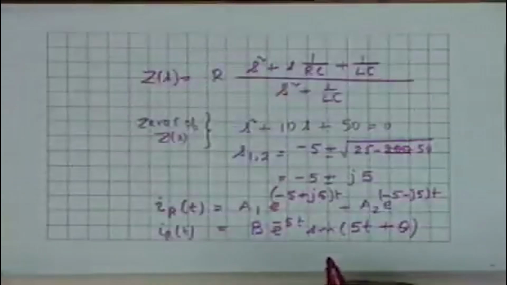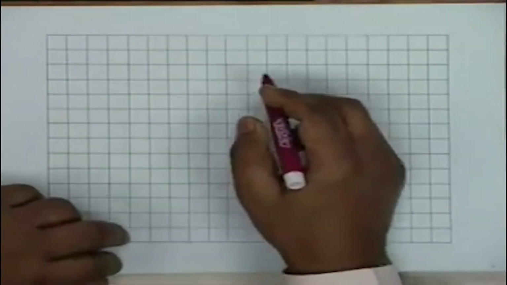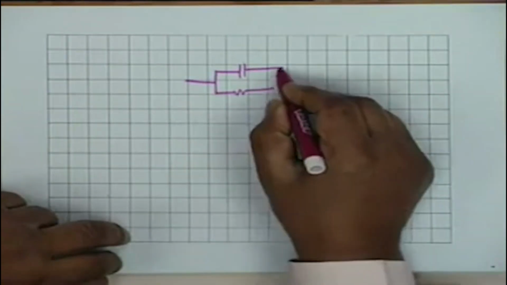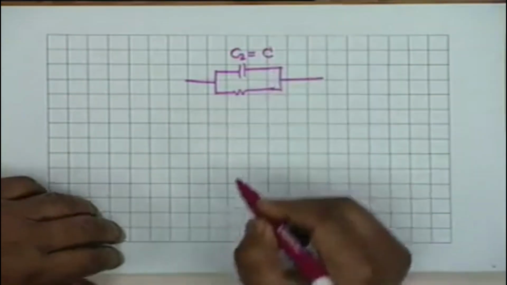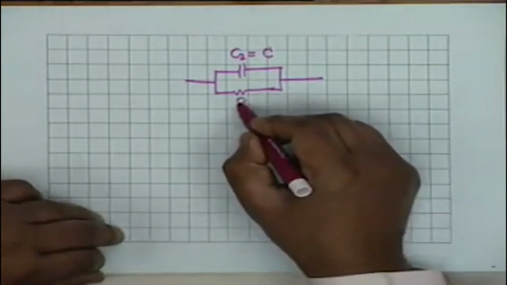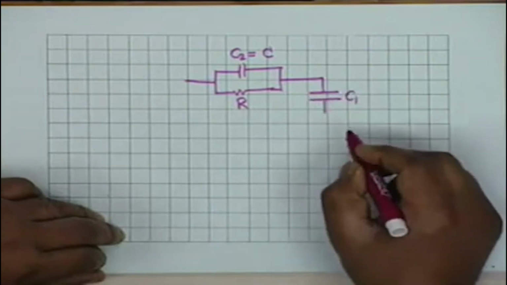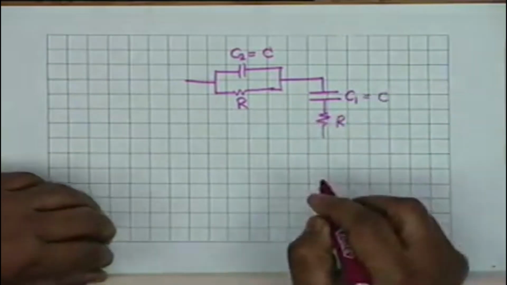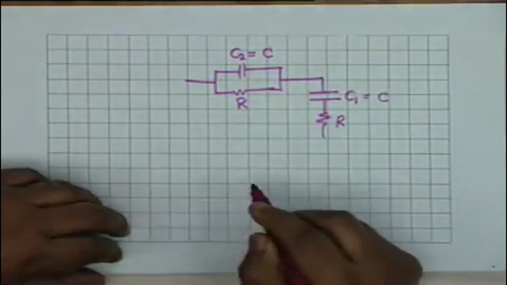Let me take the third problem, which as I promised I shall solve completely. A slightly tricky problem. We have a capacitance and a resistance. We will say this is C2, but C2 is equal to C, the resistance is R, and then I have a series combination of a capacitance C1 and a resistance R. C1 is also equal to C. We are distinguishing between the two because we shall charge one of them.